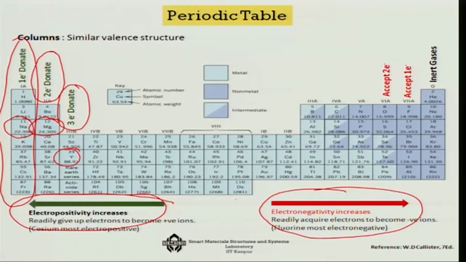So, in that way we will come all the way up to, you can say, this region more or less, the zinc, cadmium, etc. where we can always get some amount of electropositivity.